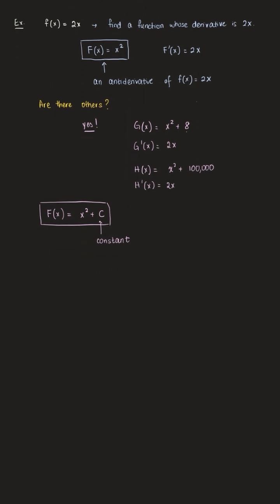Well, when we add or subtract a constant, we are shifting our function up and down along the y-axis. So it should make sense that the derivative would be the same at a specific point. Let me just create a graph here of x squared.